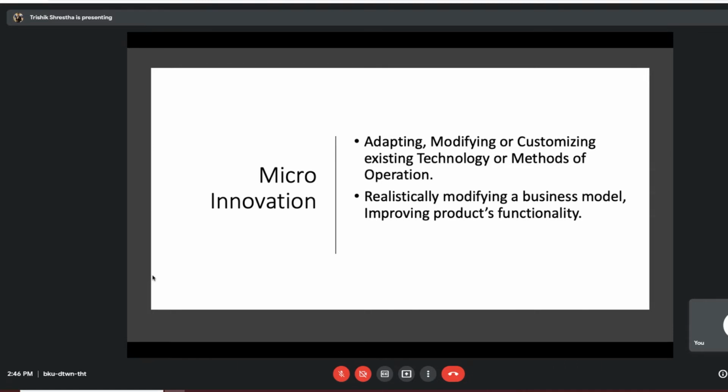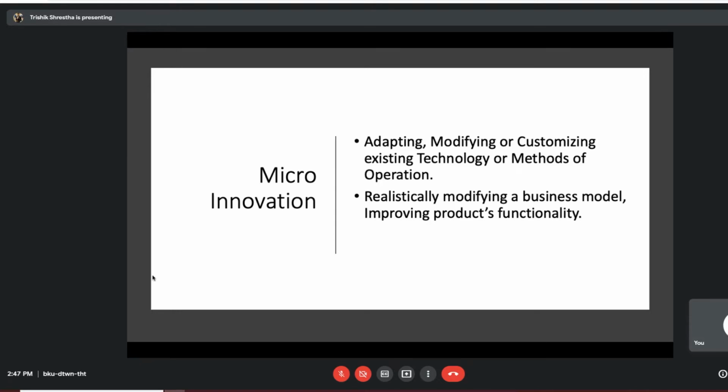Realistically, it is modifying a business model and improving a product's functionality. Like if you're changing the way in which you're working in a particular office setting, your office space might be pretty limited. It might only host 5 to 6 people in a particular room.